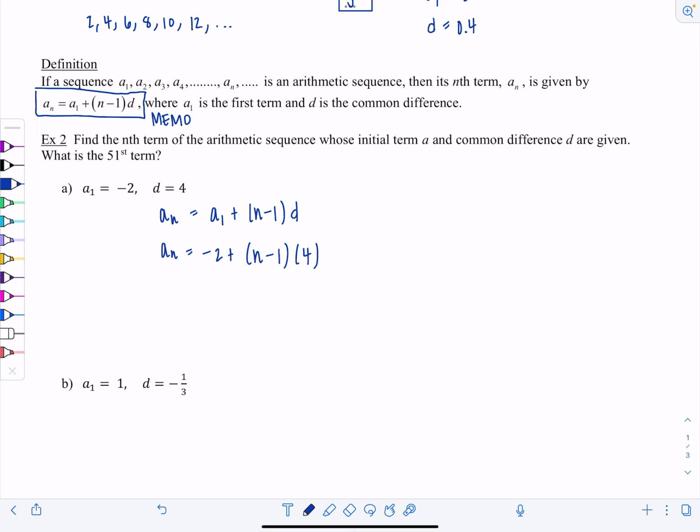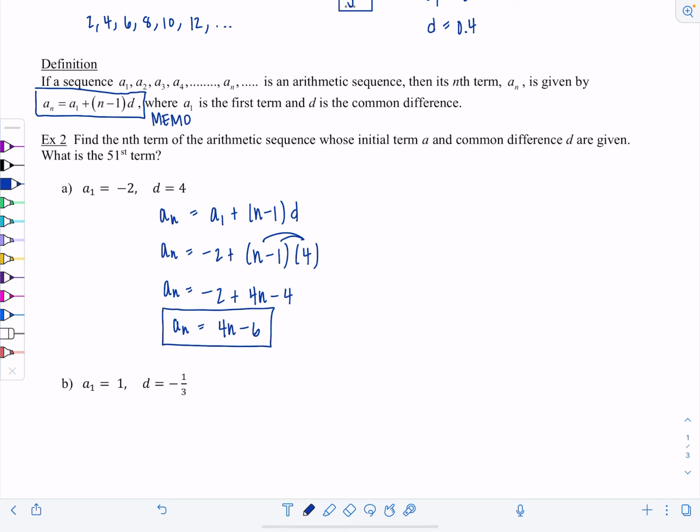You want to distribute and clean up. So I'm going to distribute the 4, and I have AN equals -2 plus 4n minus 4. And then if I combine like terms, -2, -4, that's going to be -6. So I'll put AN is equal to 4n minus 6.